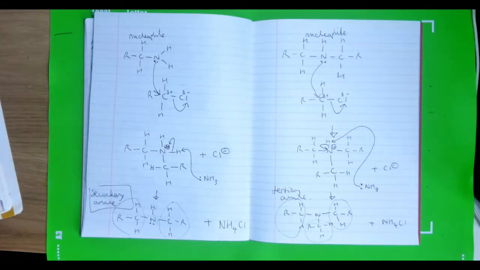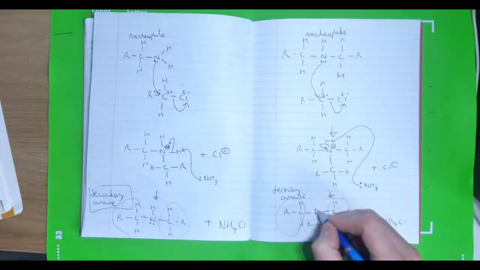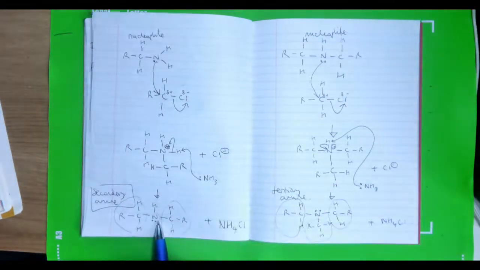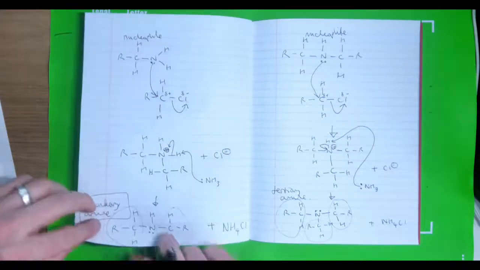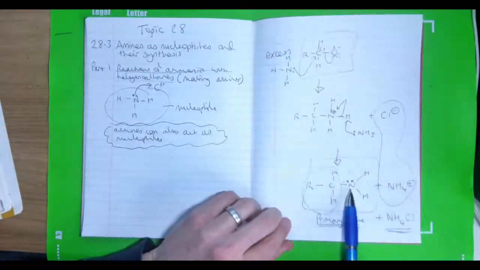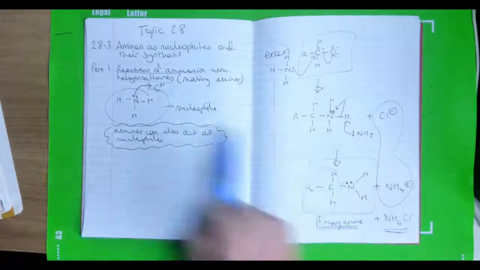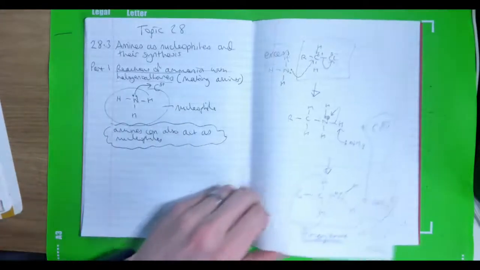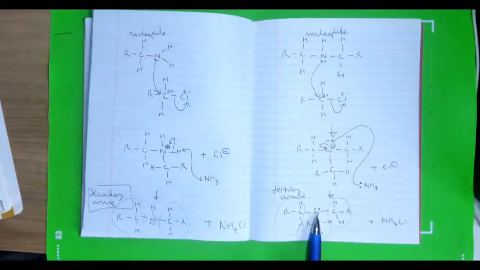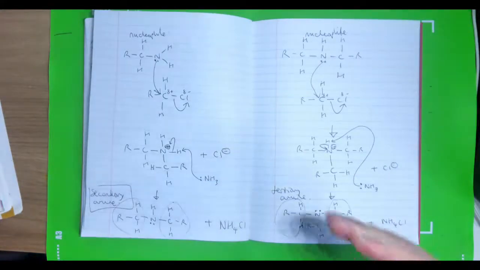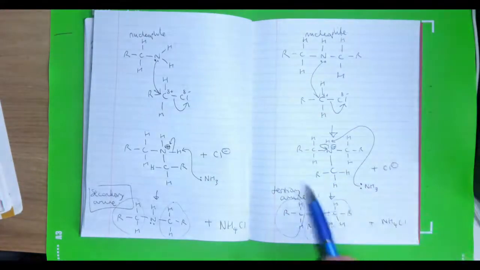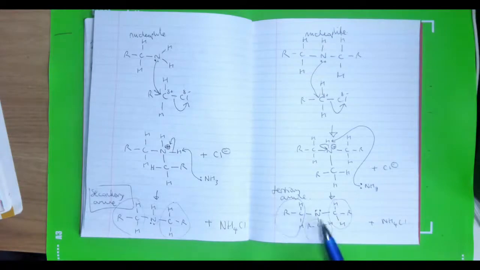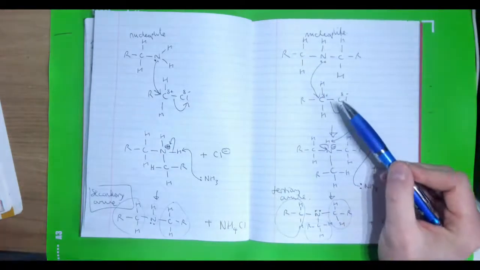And again, the tertiary amine can act as a nucleophile. Why? Because it's got a lone pair of electrons here. Just like the secondary amine did, just like the primary amine did, just like ammonia does. Okay? So if you can see a lone pair of electrons there, it will continue to react. So this tertiary amine here can then react with even more haloalkane. Watch what happens there.